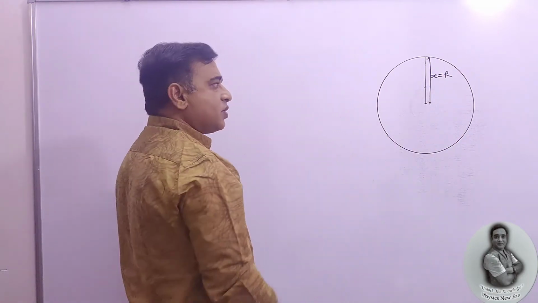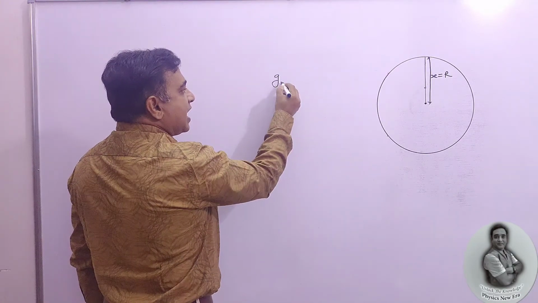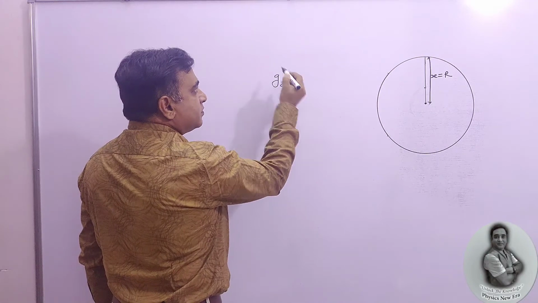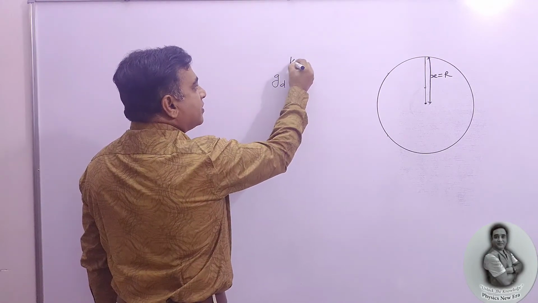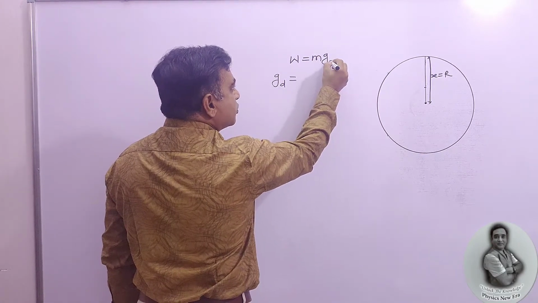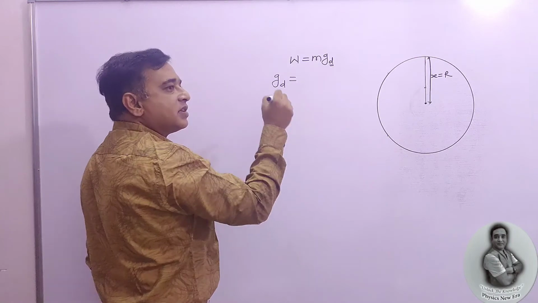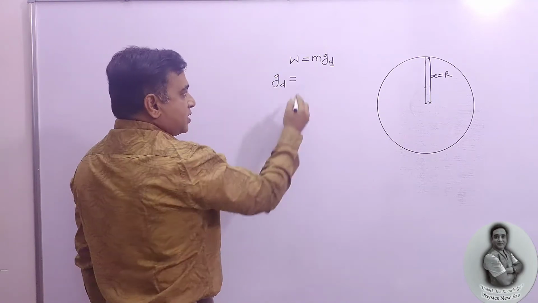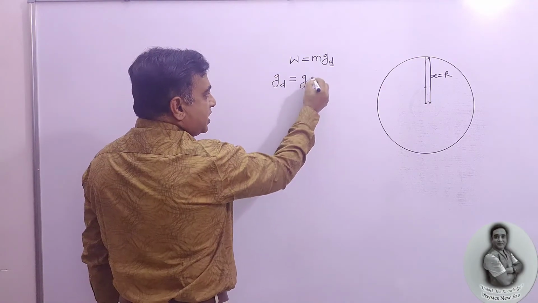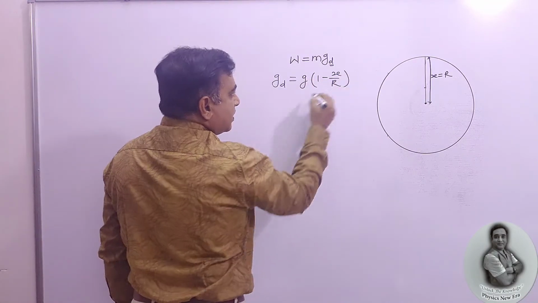So x is equal to r. Weight is equal to mass into acceleration due to gravity at depth, that is g_d, and g_d is equal to g into 1 minus x upon r.